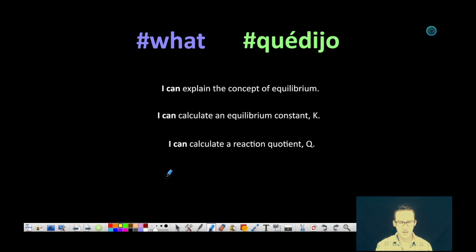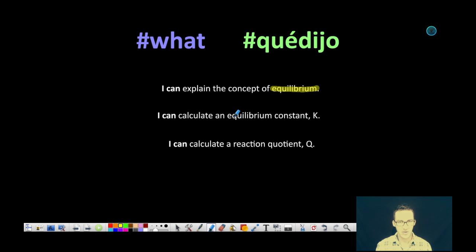So if we break down that content objective into a couple of points that we're going to focus on for this video, we're going to explain the concept of equilibrium, which is a pretty big concept and is something that we're going to spend an entire unit on later in the year. So we're just going to brush the surface here really quickly and see how it ties into your electrochemistry unit.